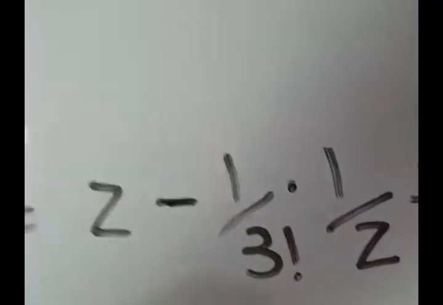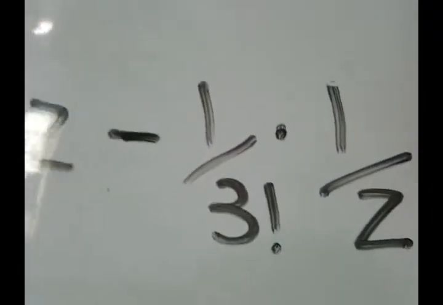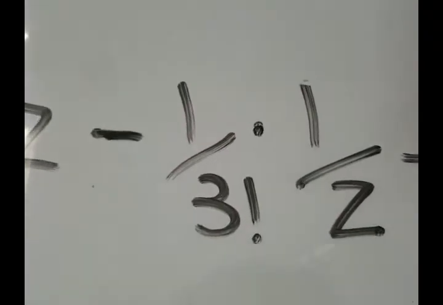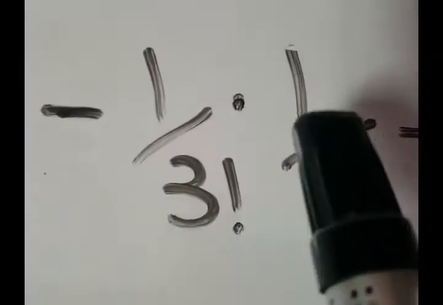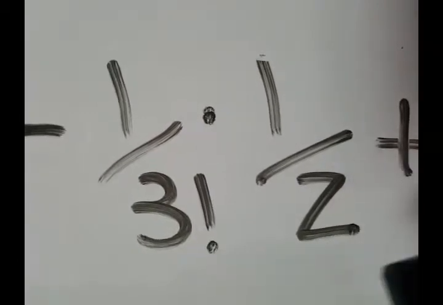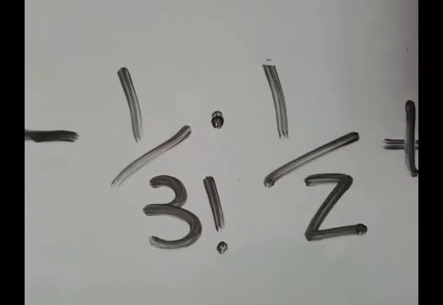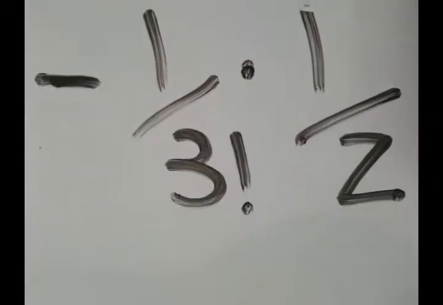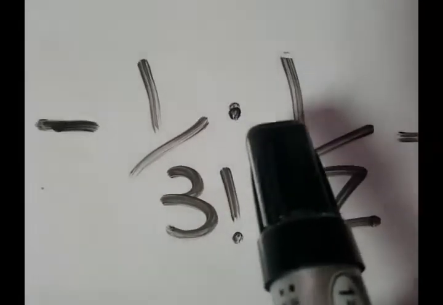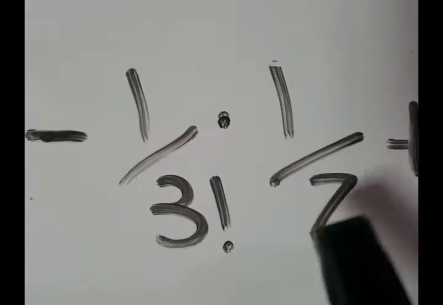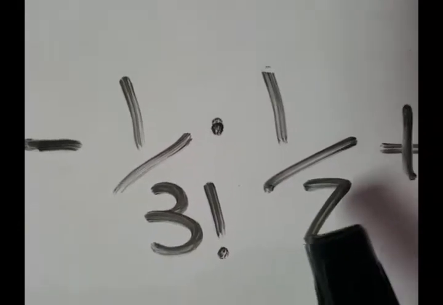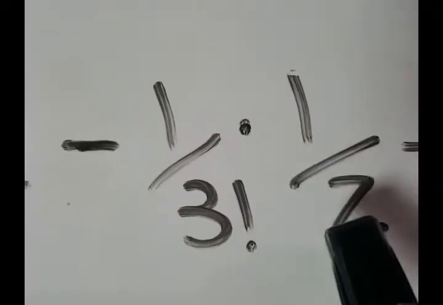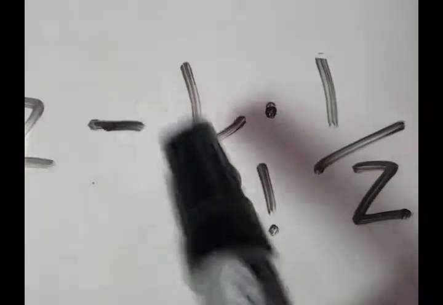And I told you earlier in my video that residue is basically the coefficient of 1 over z minus z naught. So you can clearly see that here it is written 1 over z. Z naught is missing, that is 0, so it is not appropriate to write z minus 0. That is why I didn't write it here. So 1 by z is basically here, and the coefficient of 1 over z is called b1, that is actually our residue. So the residue b1 is the coefficient of 1 over z, that is minus 1 by 3 factorial.